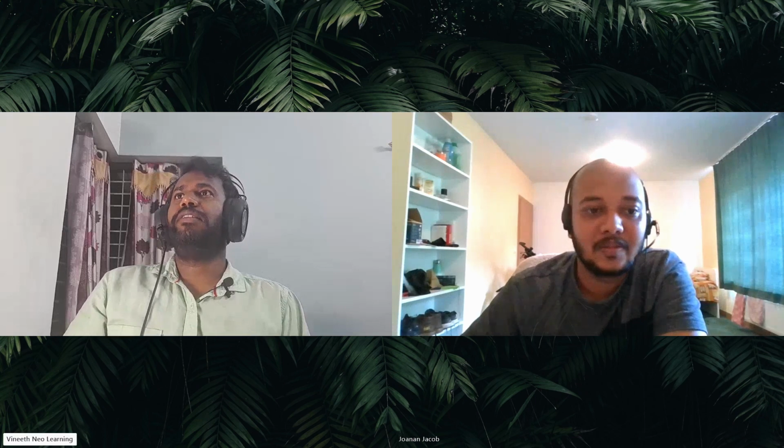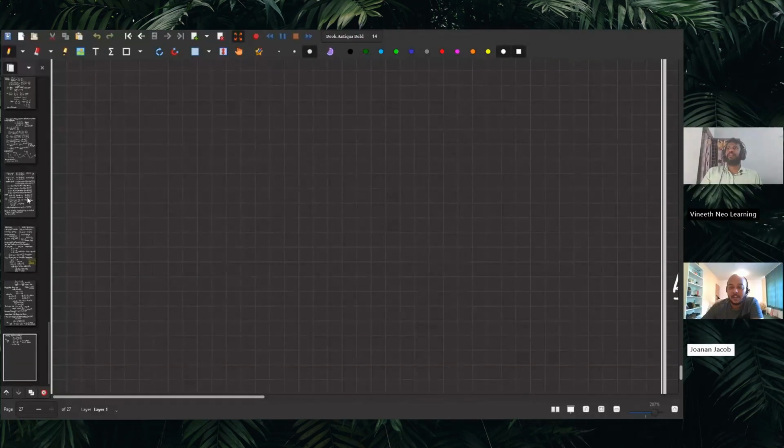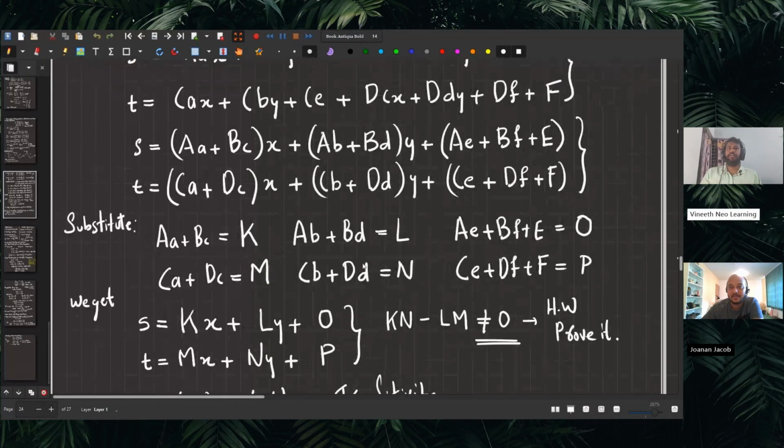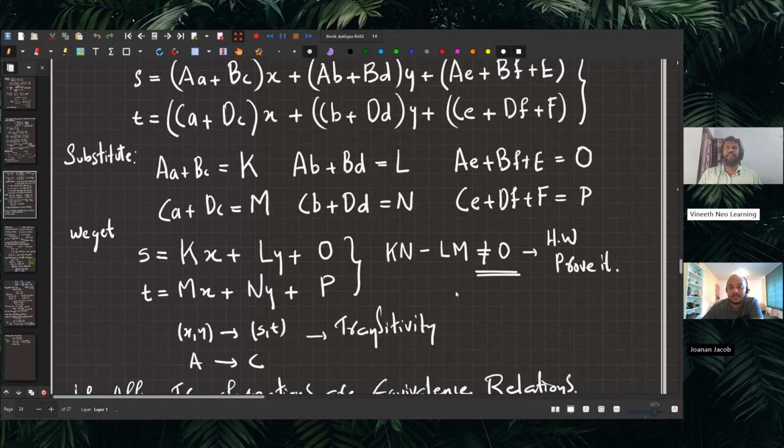I'll share my board. Okay, can you see the board? Yes. This was the homework that I gave: prove that this term kn minus lm is not equal to 0.